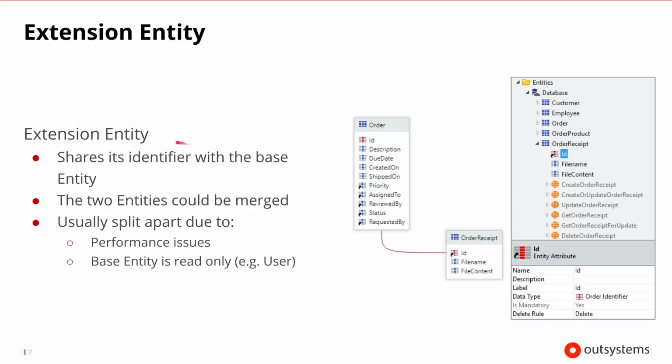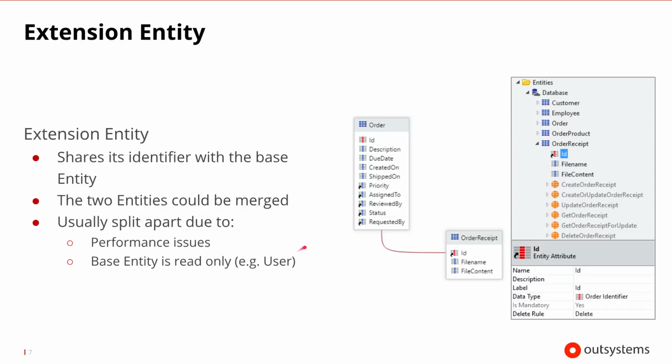Now, sometimes when we create these one-to-one relationships, the smaller or extra entity, like the receipt in this case, is sometimes referred to as the extension entity because it's going to use the primary entity's identifier, and in reality, the two entities could be merged. The only reason to go ahead and split them apart might be for performance or when the base entity is read-only.